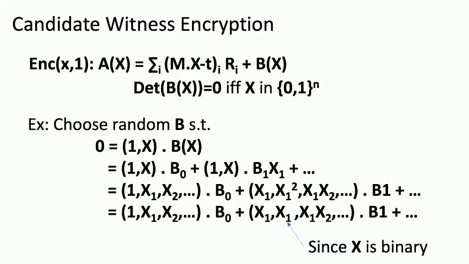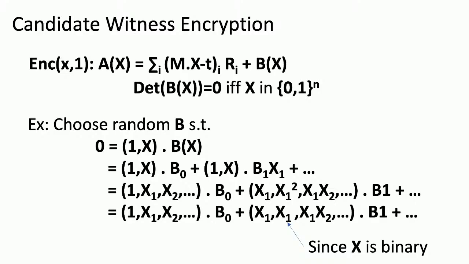So I expand everything out in terms of these formal variables xi. I do this substitution where I replace every xi squared with xi. And now what I have is a formal expression in these x1, x2, whatever variables, and I know it has to be identically 0 on the left.